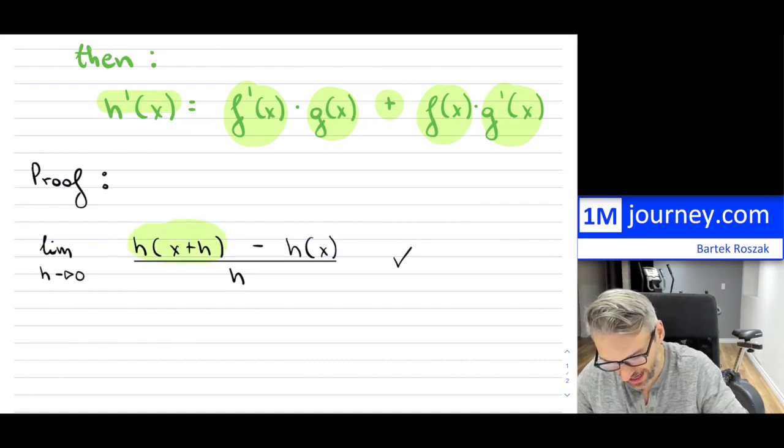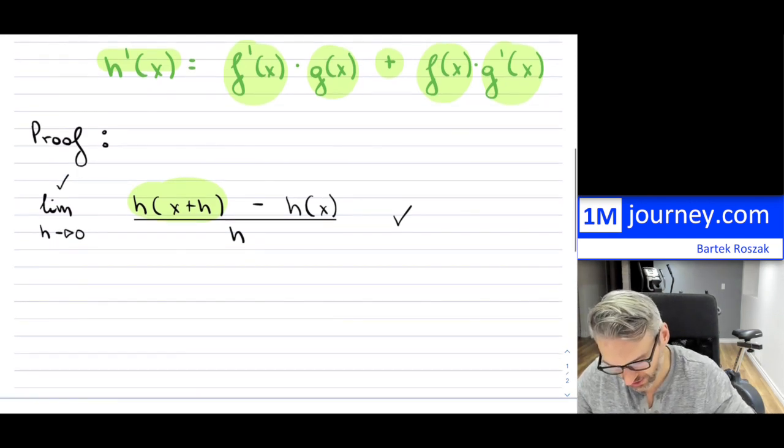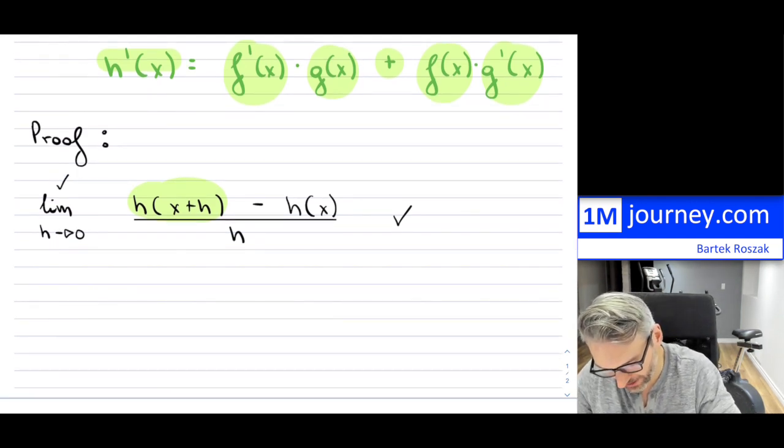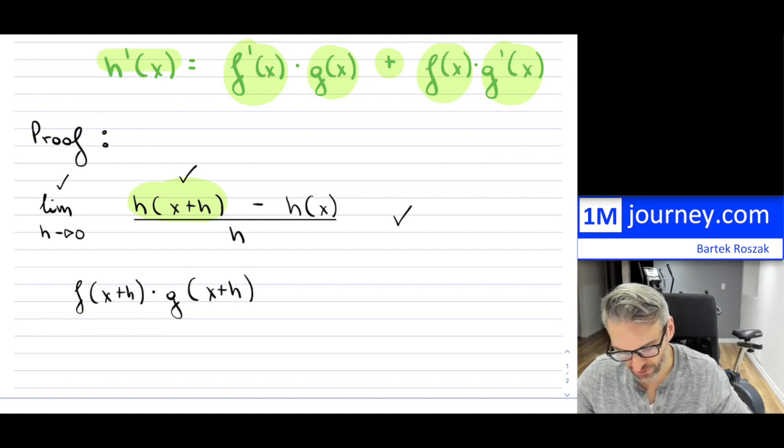I'm going to drop this limit for a moment just so that I have enough space to work. When I substitute, I get f of x plus h multiplied by g of x plus h. That's the first thing.